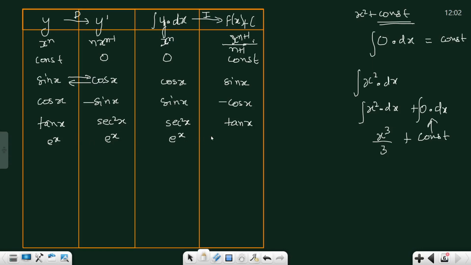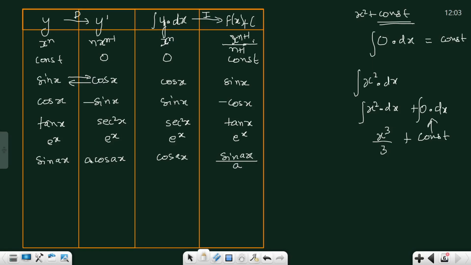In the same way, when you integrate e to the power x, you will get e to the power x. Clear? Now we apply the chain rule. When you differentiate sine ax, you will get a cos ax. So now when you integrate cos ax, you will get sine ax divided by a. The opposite method.